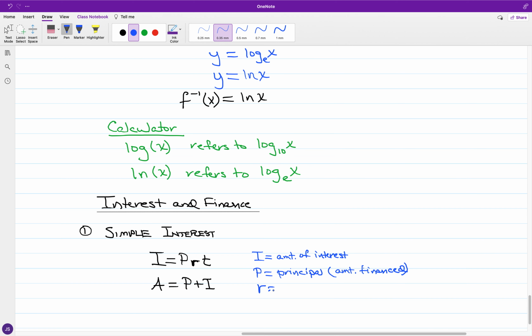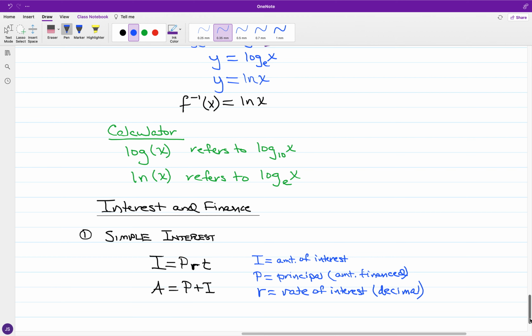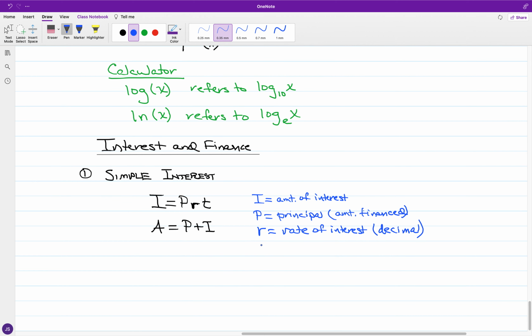R is the rate of interest, as a non-percent decimal. T is the amount of time, almost always given in number of years. And A is the future amount, or the future value.